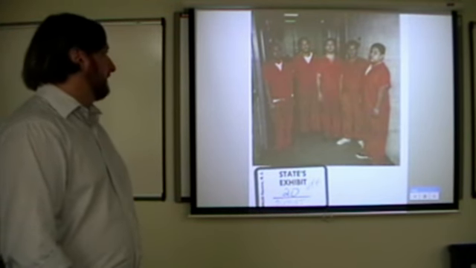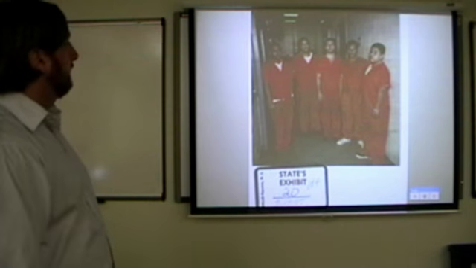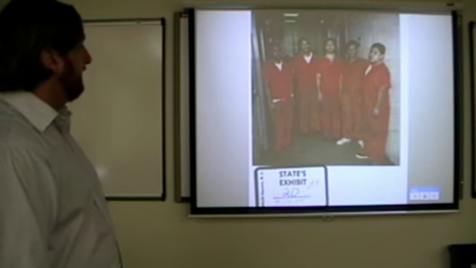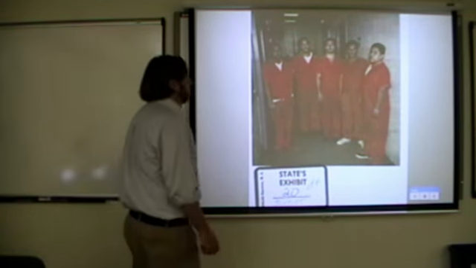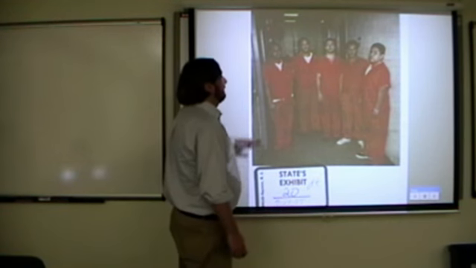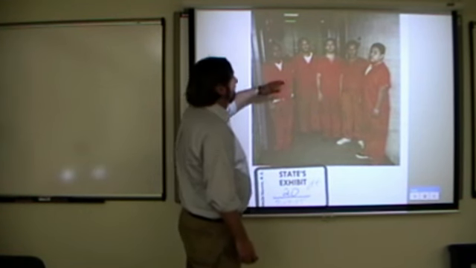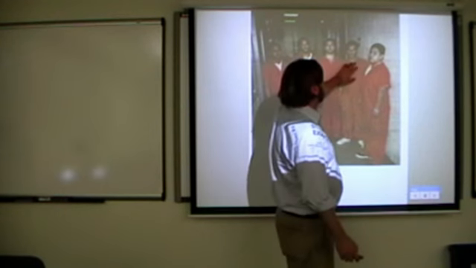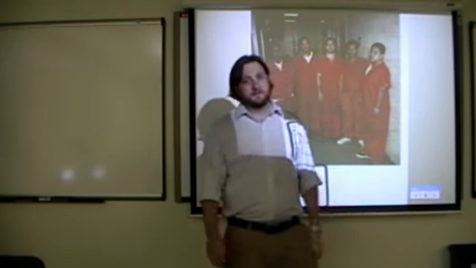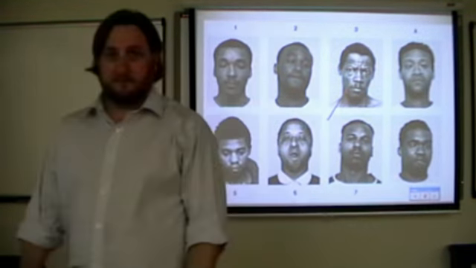If we look at this, we've got these 5 individuals. What if the suspect was a black male? We got one black male, can't really tell his ethnicity. This is a white guy. This guy looks Hispanic, and so does that guy. What about this?